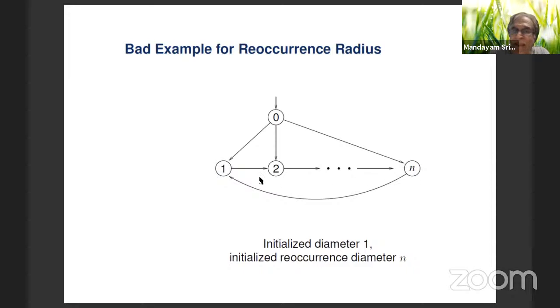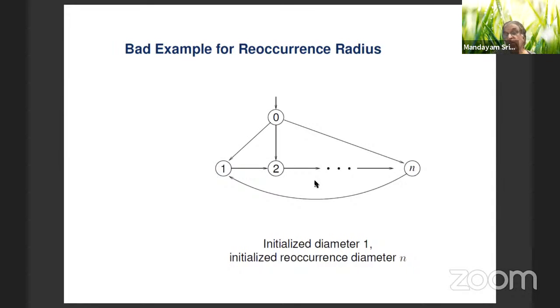The shortest distance is what defines the initialized diameter, the maximal among all the shortest distances. Since every state is reachable from the initial state in a maximal distance of 1, that is the initialized diameter. If you were using bounded model checking, that gives you the exact bound that you will have to use.